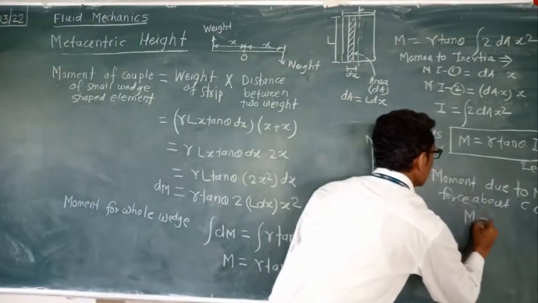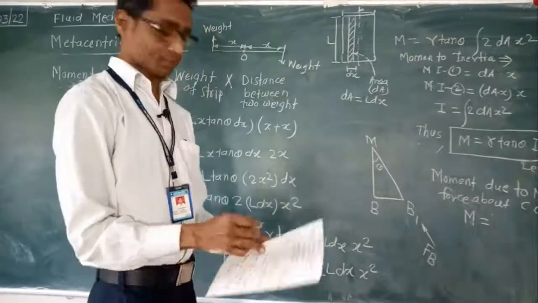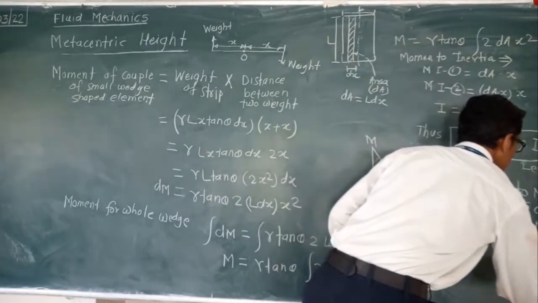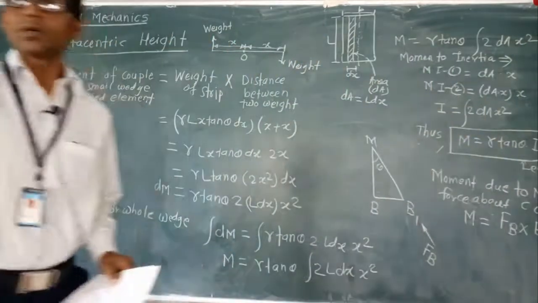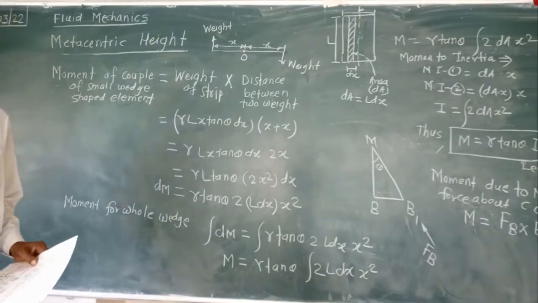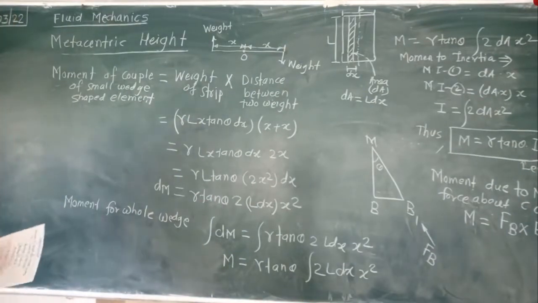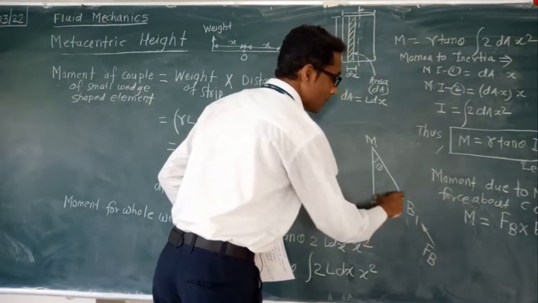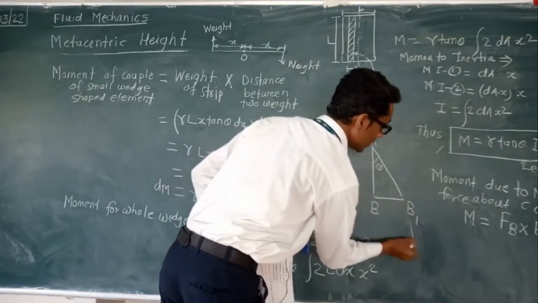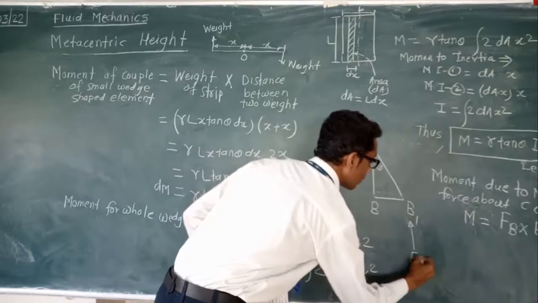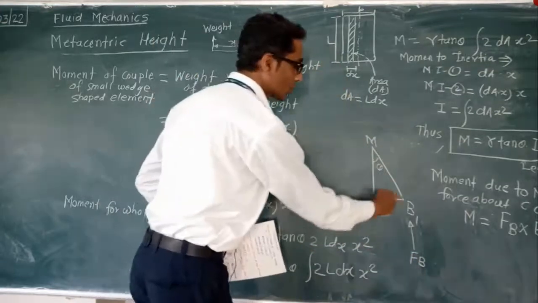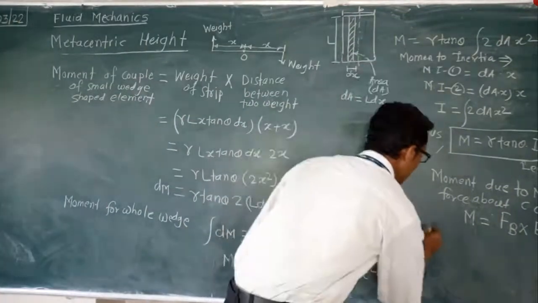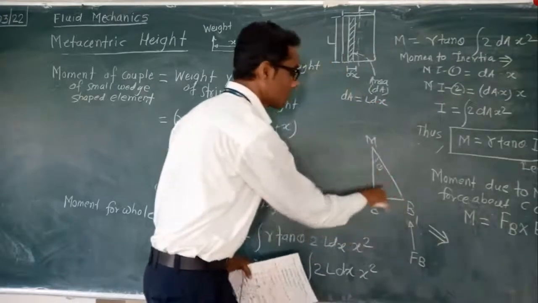That will be equal to again M, capital M. That is force into distance: FB into BB1, the line of action of force multiplied by this distance. The distance we get from this triangle.